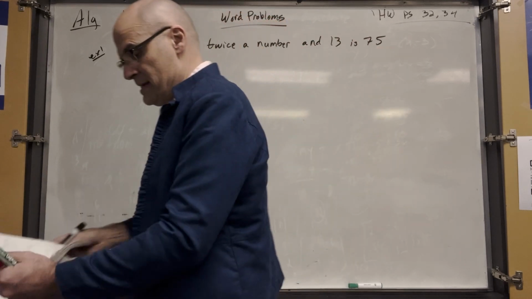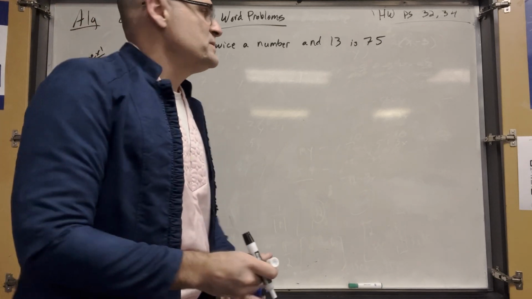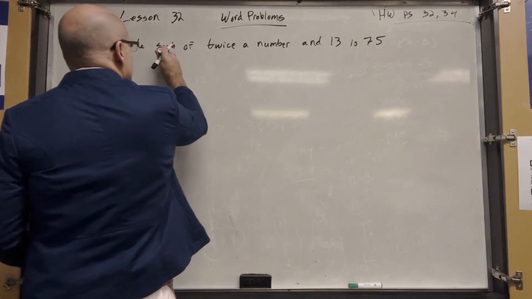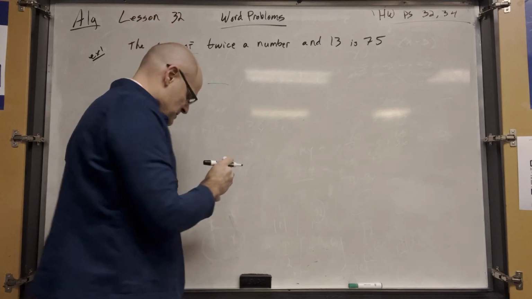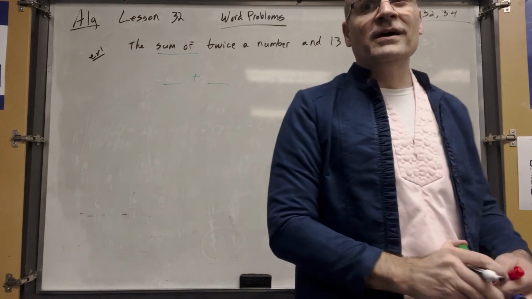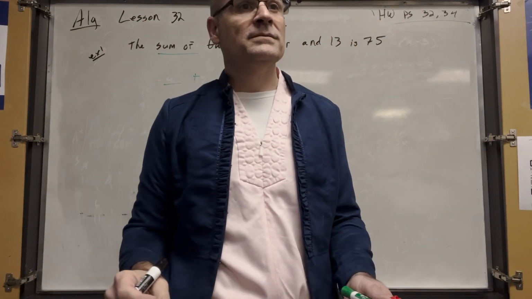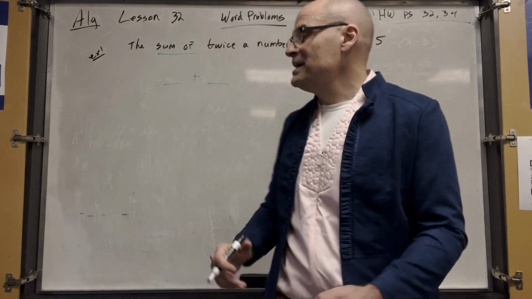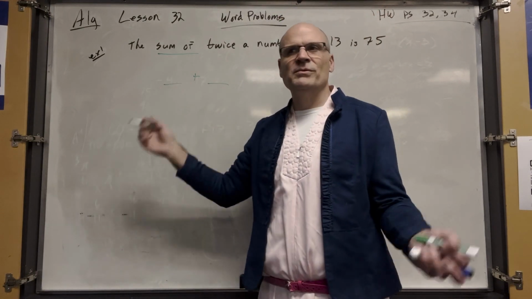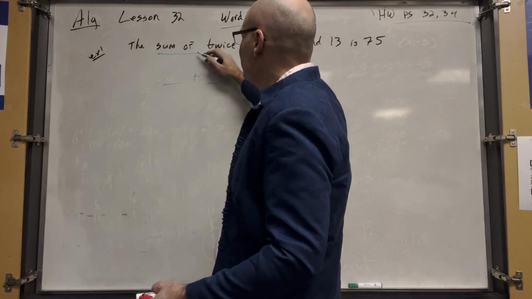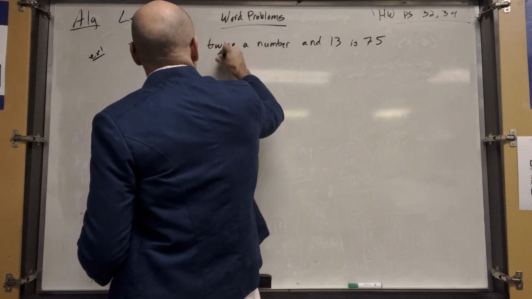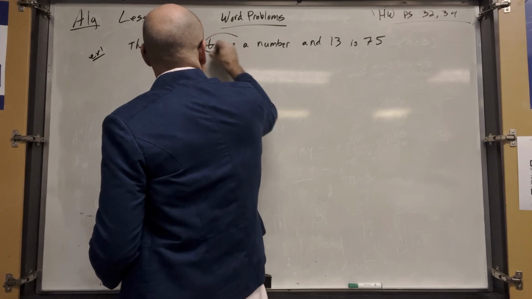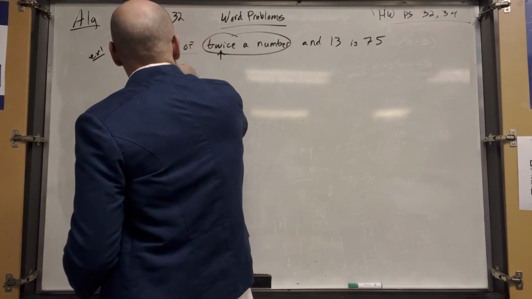So let's translate that. So the sum of is basically you're adding two things, okay? Now, usually the word of in math means what? Multiplication, but when it comes after the word sum or product, it's just whatever comes after the word sum is the first thing you're adding. So here's the first thing you're adding, which is twice a number, 2n.